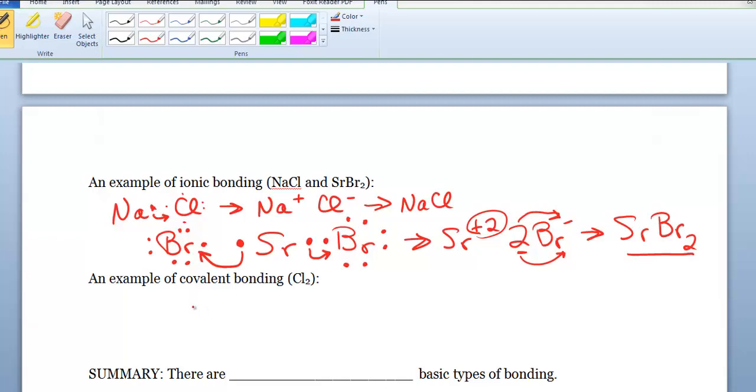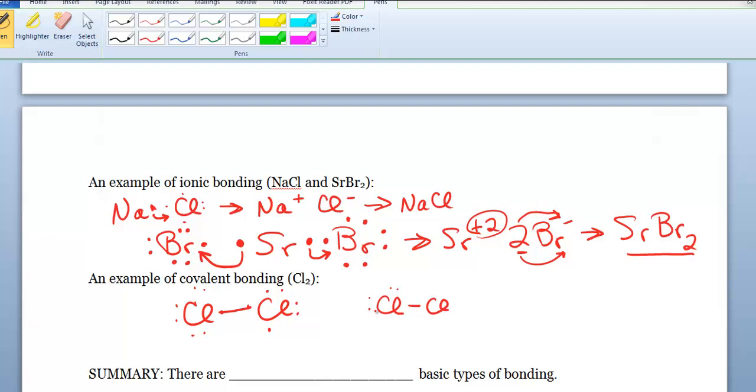For covalent bonding, we're going to take 2 chlorine atoms, and chlorine has 7 valence electrons, and we're going to share because these are both nonmetals. So nonmetals want to share electrons, and we draw a line in between them to show that connection. That connection will allow them to form the molecule that we call chlorine.